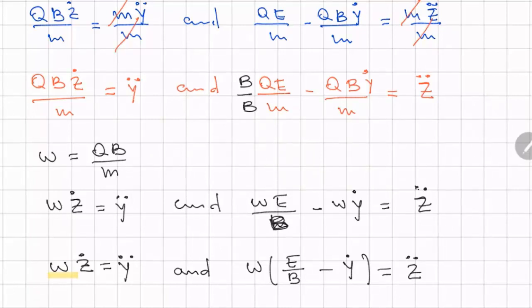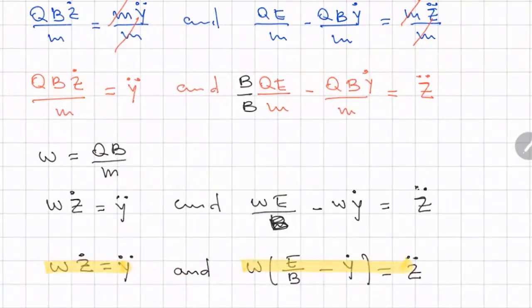Alright, so we highlight them and we write the solutions for these two equations like this. Okay guys, before writing the solutions, I forgot to talk to you about something. This term W is called cyclotron frequency.